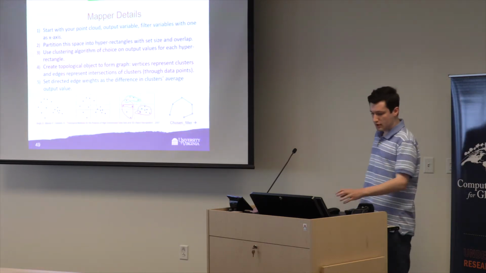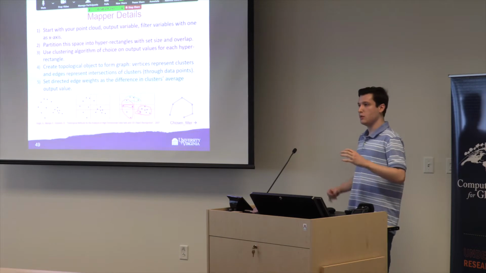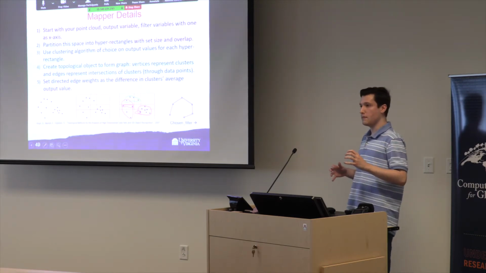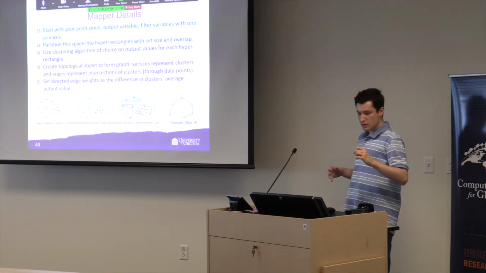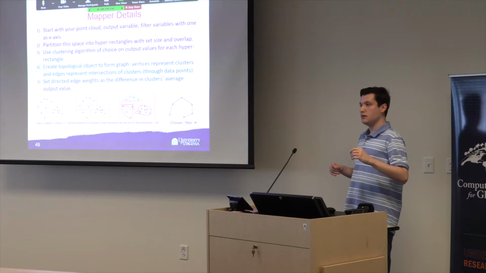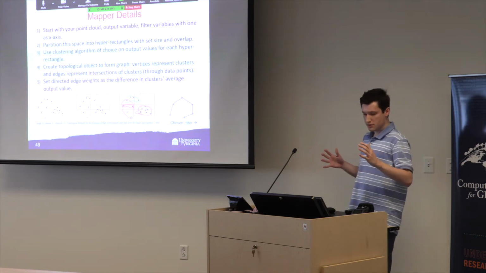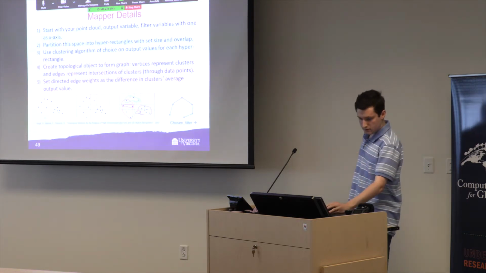That forms the edge. Once we have this graph, we can set edge weights as follows: find averages of this output variable in each vertex, and the graph will be directed from low to high based on the difference between these values.